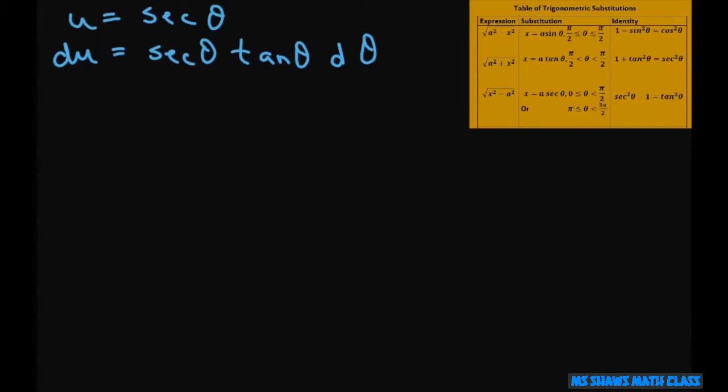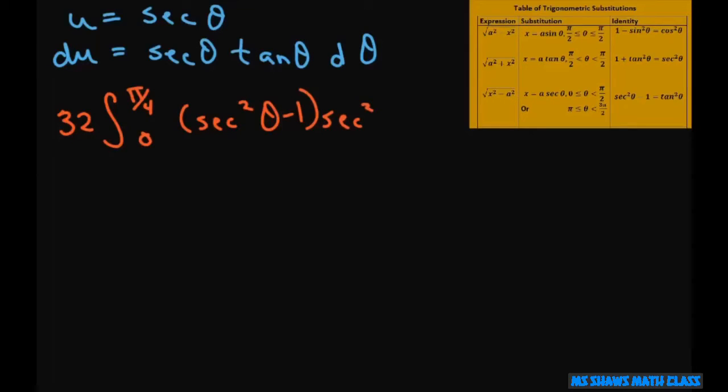Let's write out what we had. We had 32, and then pi divided by 4 to 0, secant squared theta minus 1, secant squared theta, and then secant theta tan theta d theta. So there's your du part.